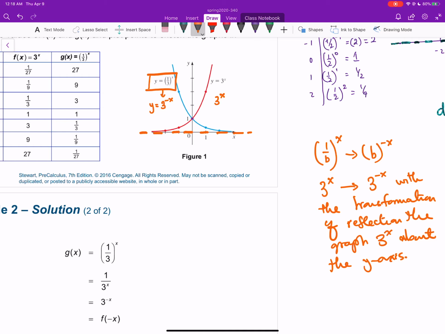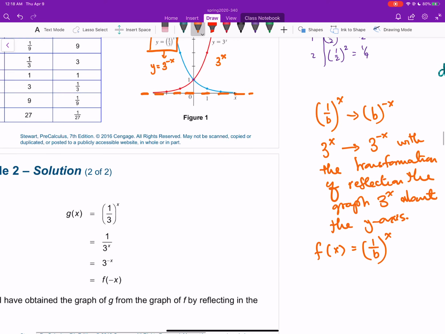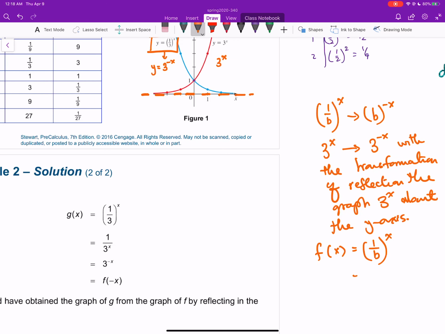All right, in other words, if I had f of x is equal to 1/b to the x, then this is the same as writing this as b to the -x. That is a reflection. So if you're going to do that, you can think about if g of x was... Well, never mind. Let me not do that. That might be confusing. But that's what's happening over there.